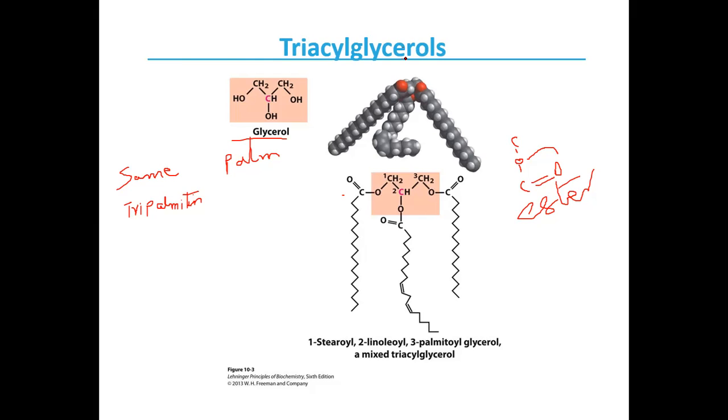In vegetable oils, mostly TGs contain unsaturated fatty acids, so that's why these are in liquid form. Saturated fatty acids like tristearin are white, greasy, and solid at room temperature, and this is present in beef fat.